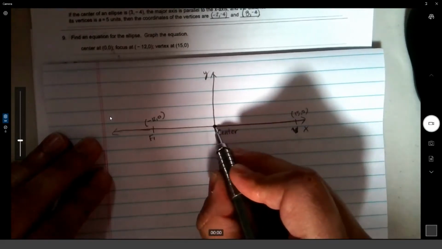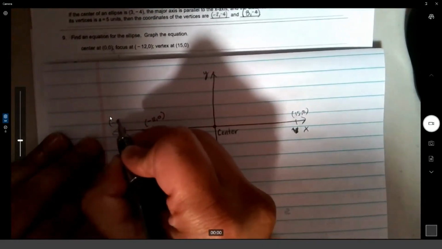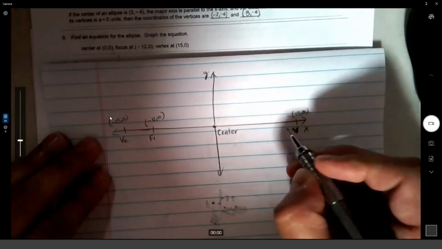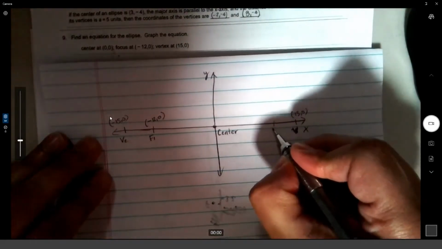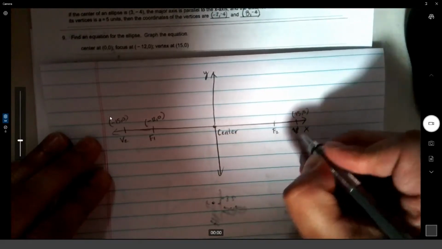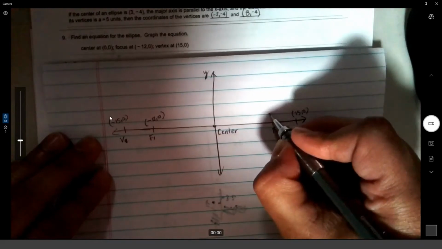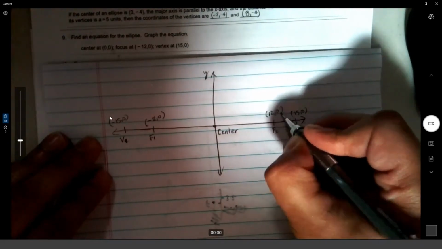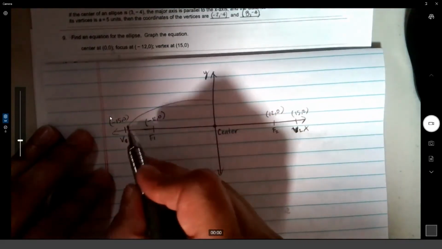Negative 15, 0. That's right. And help me out. Where do we find the other focus? 12, 0. That's right. So the ellipse will look like this.